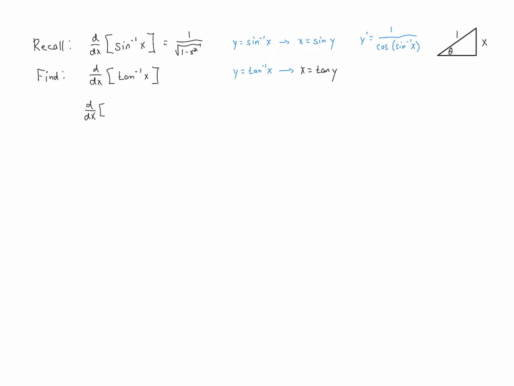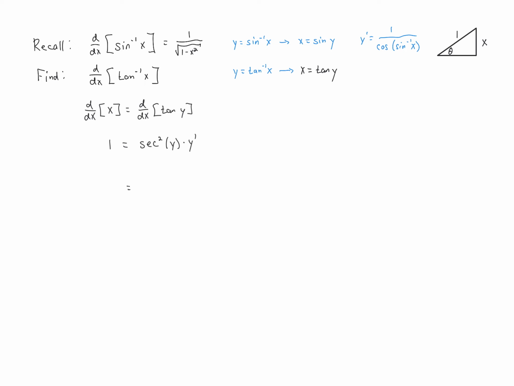So we have d over dx of x equals d over dx of tangent of y. Now, the derivative of x is just 1, so the left-hand side here is easy. And then on the right-hand side, the derivative of tangent is secant squared. So we've got secant squared of y times y prime, because we know we have to use the chain rule there because y is a function of x.